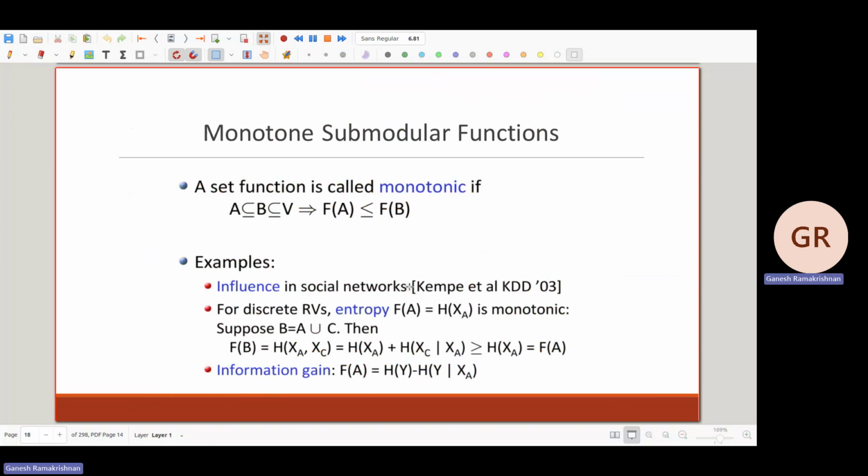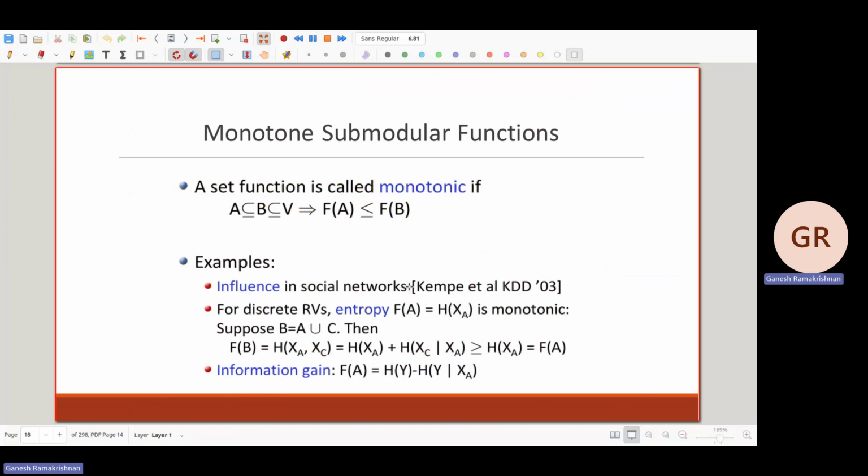Another very interesting function is the information gain function. The entropy of Y minus the entropy of Y given some condition, right? Now it turns out that it is submodular if there is some kind of conditional independence. The Y's being conditionally independent of each other, conditioned on X, is the naive Bayes assumption, right?